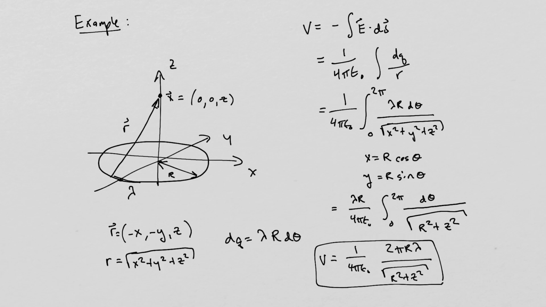It depends on how far away I am from z equals 0. But I never did an integral over z, right? Because z was encoded in the point that I'm interested in, and my integral was over my charge distribution. And so I end up with a potential that depends on z, even though I never integrated over z.